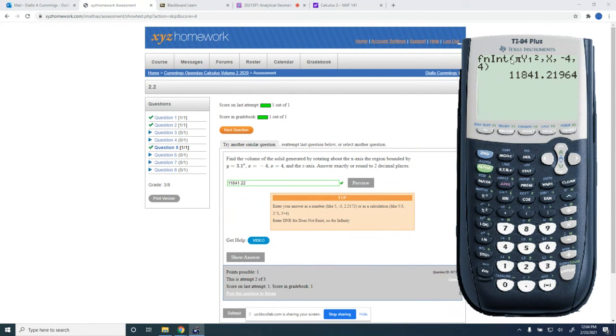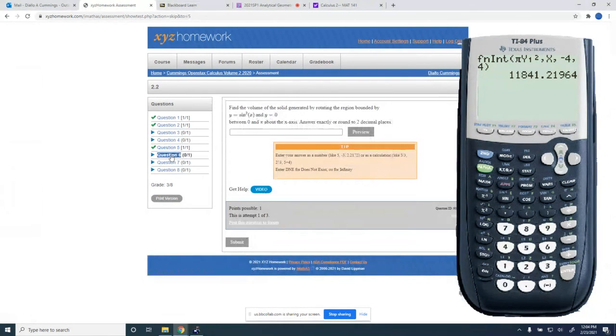All right, and we'll take a look at one more, problem number 6. Okay. So here again in problem number 6, there is no method to use, right? We're simply given find the volume, we're given the function. Well, I'll take that back.